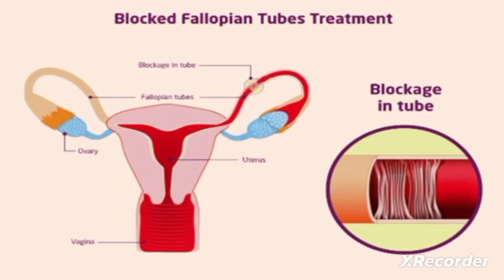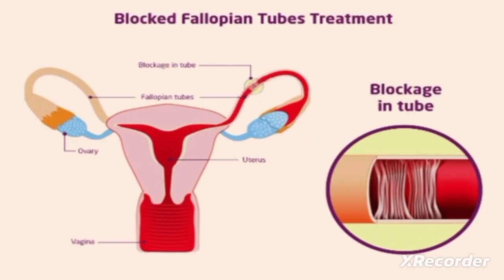When the oviduct is blocked, this will prevent the sperm from penetrating the ovum, or from fertilizing the egg that is coming from the ovaries. So a blocked fallopian tube or blocked oviduct may lead to infertility.